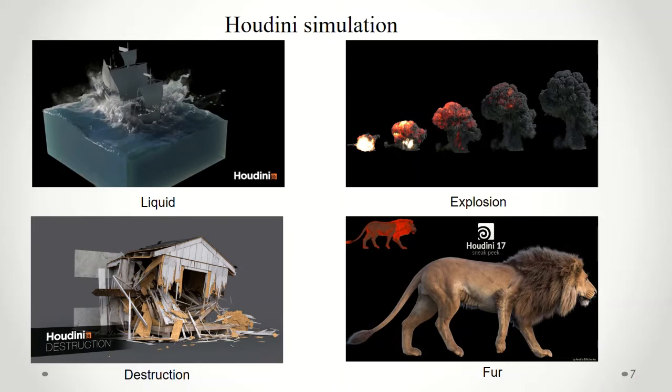To work with this software, you need to understand the basic principles of procedural modeling. That is, a number of methods in computer graphics to create three-dimensional models and textures.